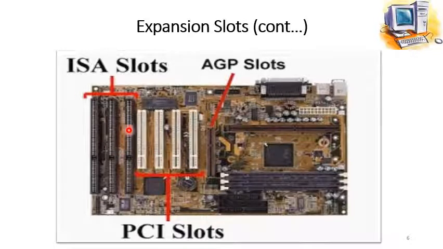While on the other side, if we see these 3 black slots, they are called ISA slots, Industry Standard Architecture slots. And this one, which is right in the middle of this motherboard, that is your AGP slot, Accelerated Graphic Port slot, where we insert the graphics card or the video card.